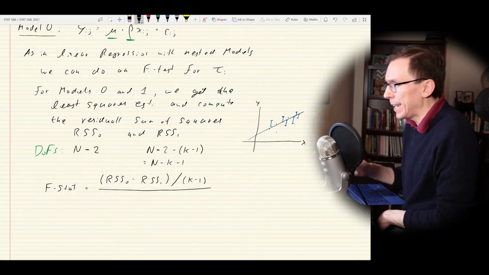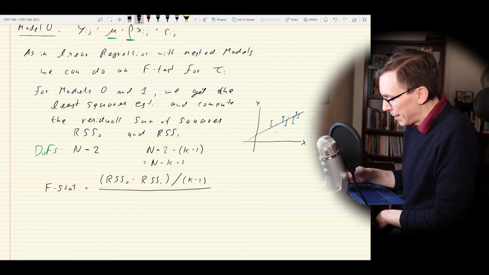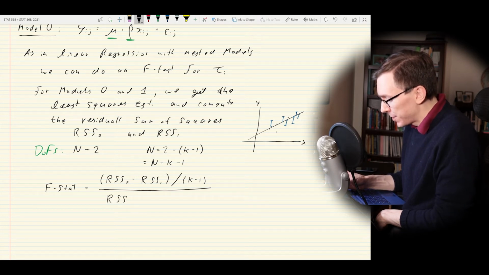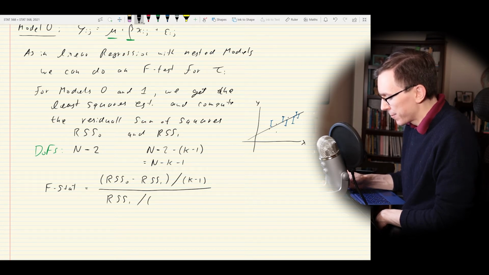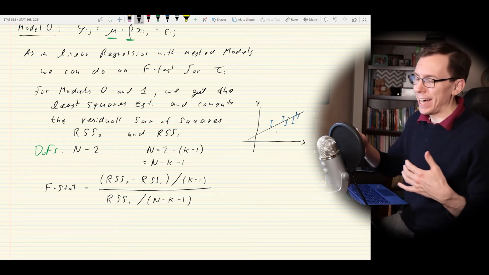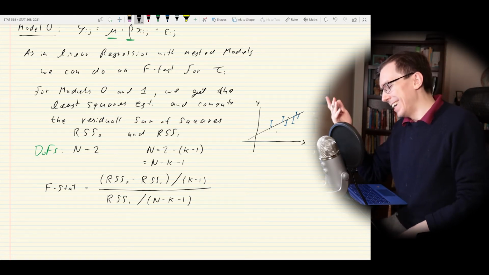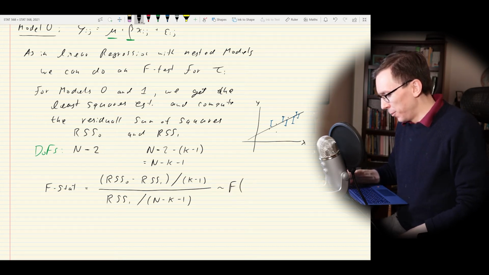Or we added k minus 1 parameters into the model, you could say. And then we compare this to the residual sum of squares for model 1 divided by its degrees of freedom. And under our null hypothesis that all the tau i's are the same thing, this would have an F distribution with the corresponding degrees of freedom.